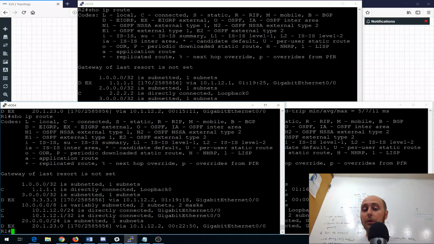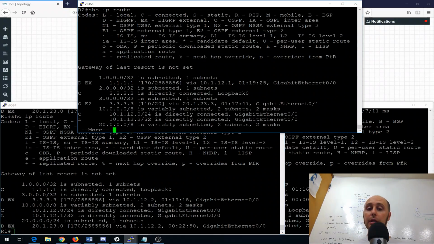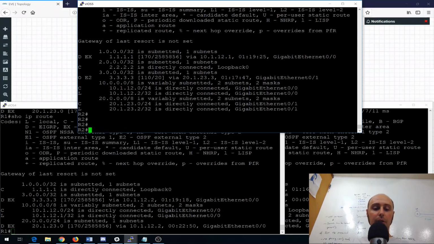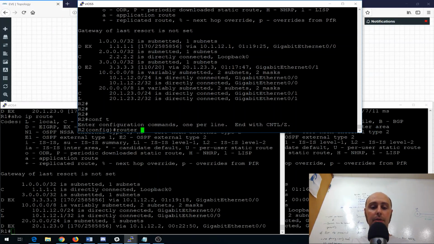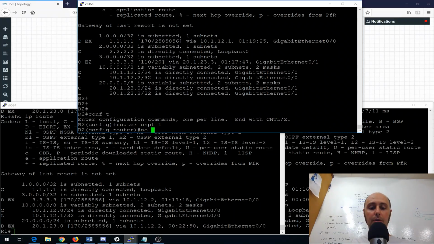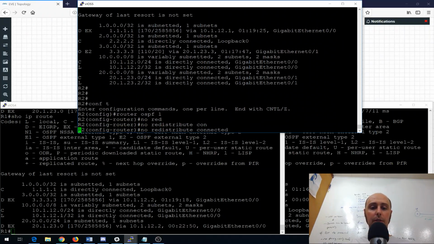So what I'm going to do now is remove this redistribution into OSPF, show the routing table in both routers 1 and 3, show that they're stable and everything is reachable, and then I'm going to redistribute that loopback into EIGRP and check the tables again. So I'm sort of going to flip the redistribution. So for this, we'll do conf t, router OSPF 1, no redistribute connected.